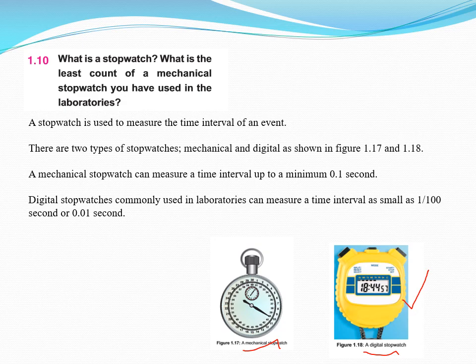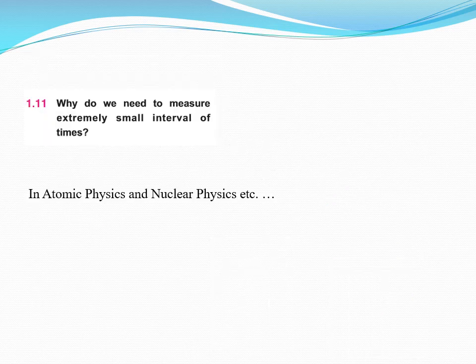Any device which has a lower least count is more precise. As we just saw, digital stopwatches have 0.01 second as a least count, and mechanical stopwatches have 0.1 second as a least count. So the digital stopwatch is more precise than the mechanical stopwatch.